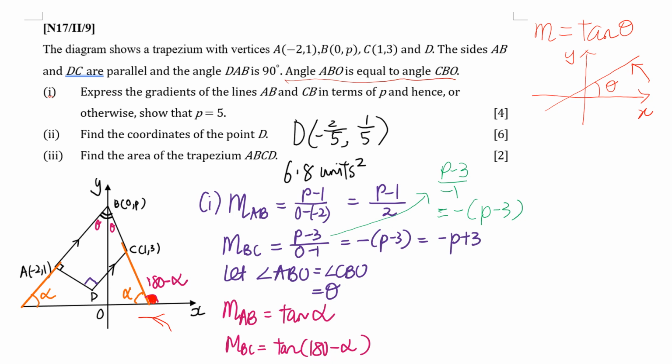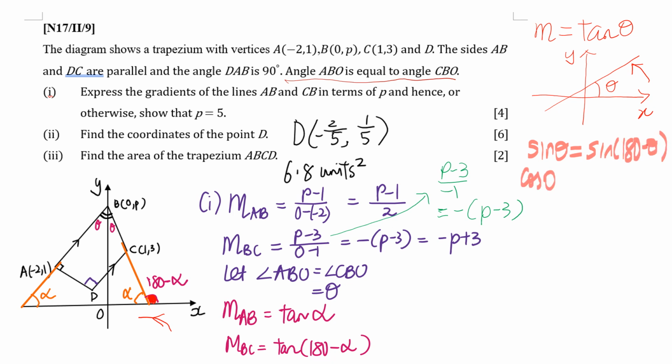Alright, and we learned something, we learned the trigonometric ratios of obtuse angles, if you recall. That's why I say this question is challenging, because it involves a few concepts. For an obtuse angle, sine theta is sine 180 minus theta.